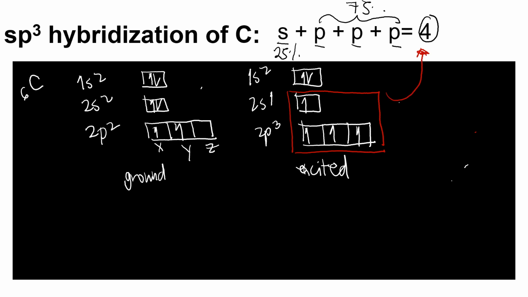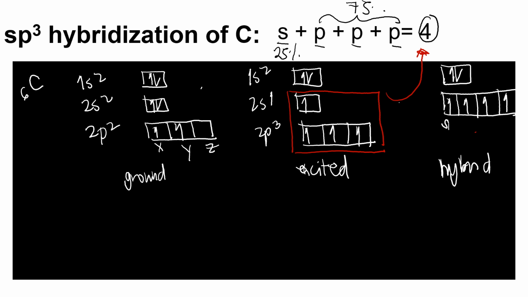So when it is in hybrid form, we have again your 1s, and then you have your 4 orbitals, 1, 2, 3, 4, and this one is sp3, sp3, sp3, sp3.